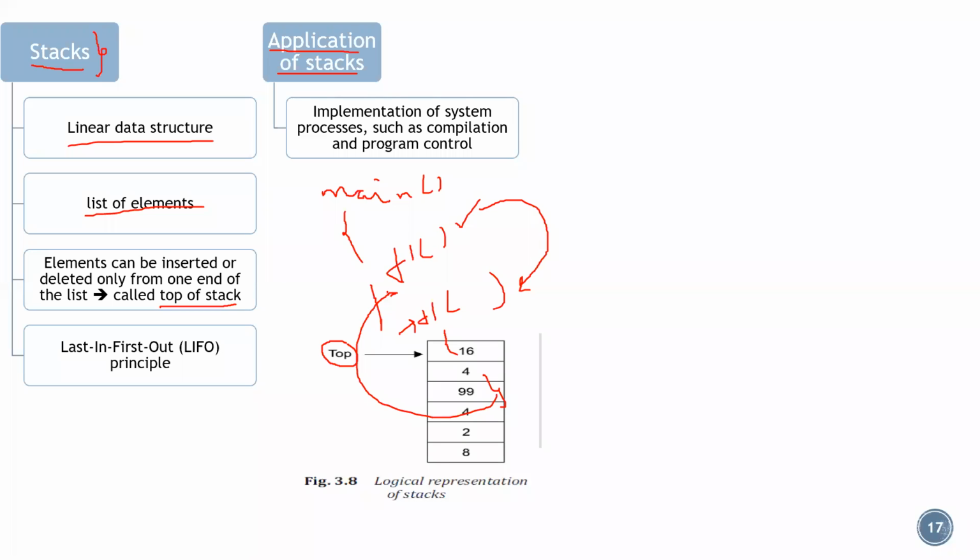Now how does the system know where to return and what to do? I'm just taking an example in this case: whenever you make a function call, the next instruction's address is stored in the stack.